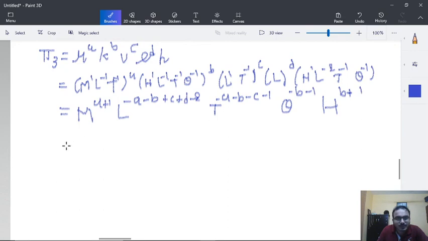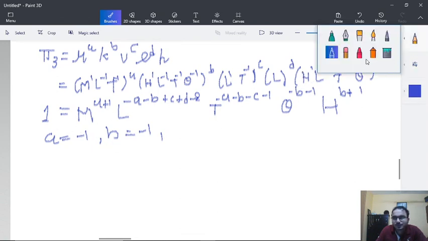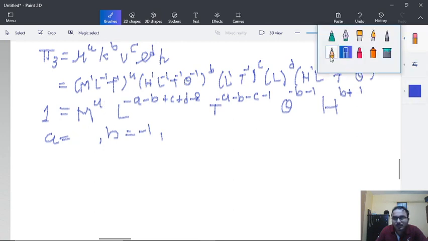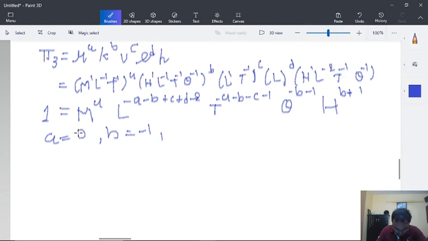So while comparing we will be getting, here it is 1, so a is equal to minus 1, b is equal to minus 1. Just wait, I need to check it again. For a, here plus 1 is not there, this is h, so a will be 0, b is minus 1.